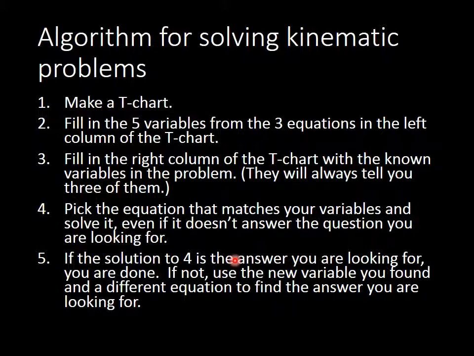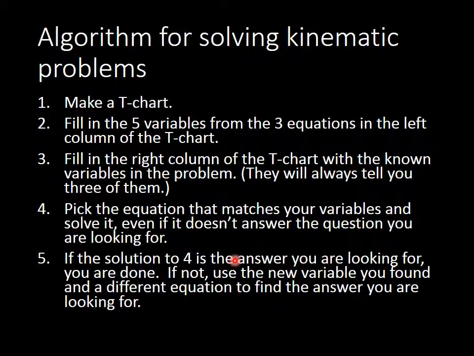Otherwise, they're going to give you 3 of those 5 variables. Now, sometimes these types of problems can come in two steps. Sometimes the variables that are given in the problem don't exactly match up to what you are trying to find. So if you've got three variables, what you need to do is find an equation of those three that matches the variables you have, and then solve it, even if it doesn't necessarily answer the question you're looking for.